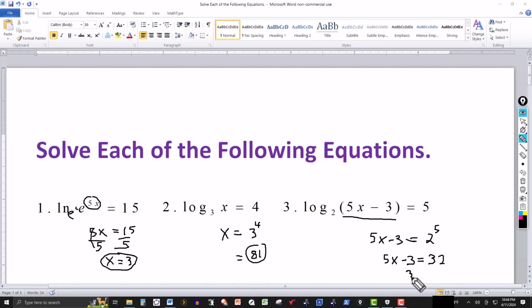Add 3 to both sides. So that gives me 5x has to equal 35. 32 plus 3, 35. Divide both sides by 5 to isolate the x. And I get that x is equal to 35 divided by 5, which is 7.